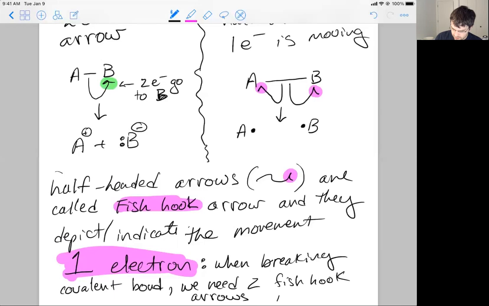That is to say, A and B goes to this and this. 2 fish hook arrows. Okay.